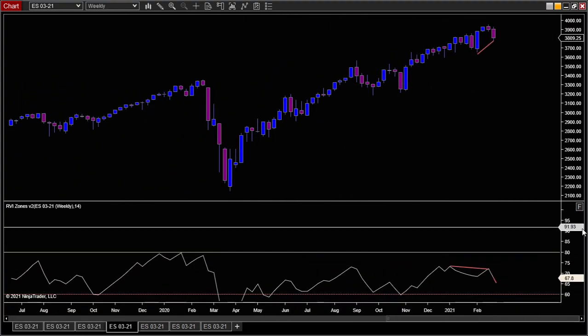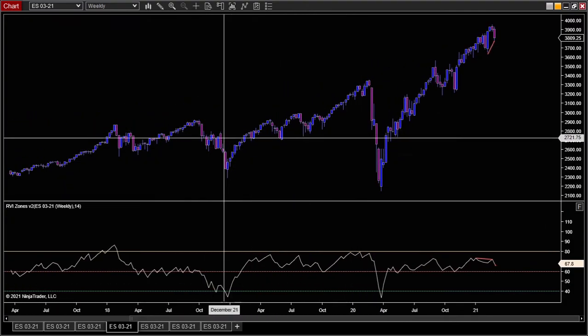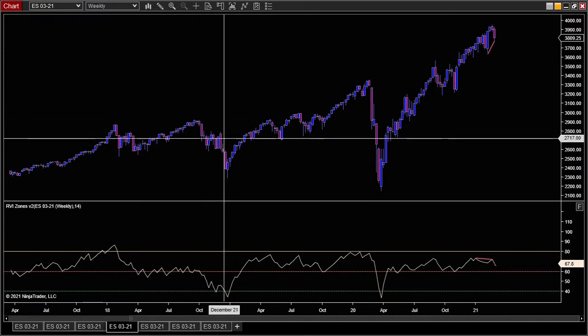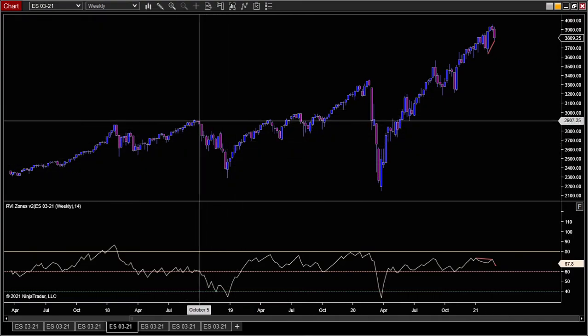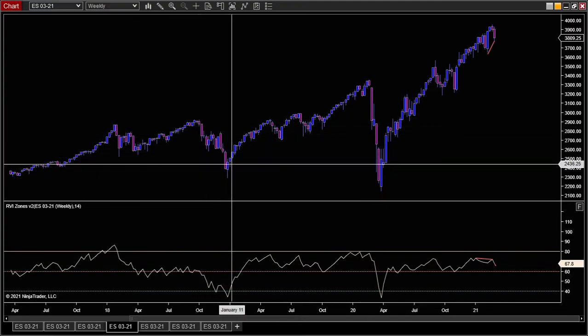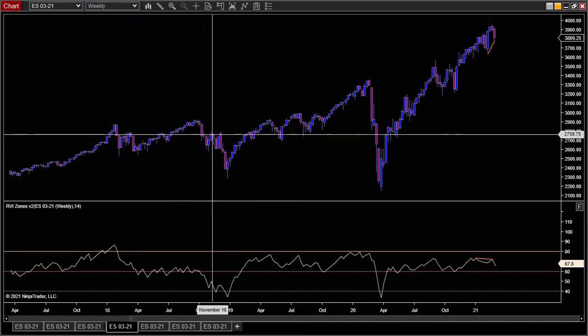has not broken below the 60, except for those major sell-offs that I mentioned earlier, back in like November 2019, October 2018. That big sell-off, I remember, that was one of the most volatile times that I was trading the market. At that time, I had never seen anything that volatile before.